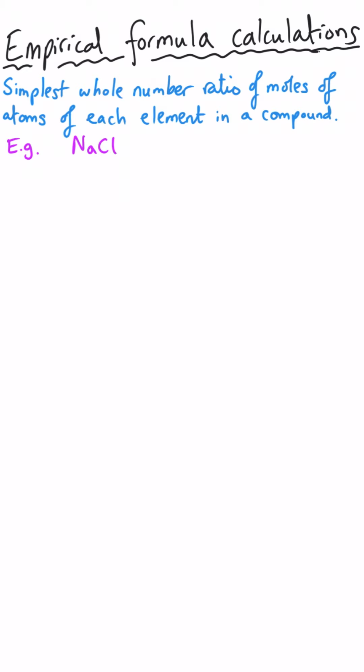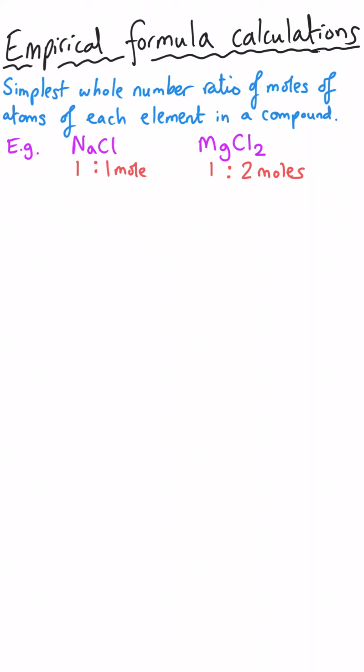That means there is 1 mole of sodium for every 1 mole of chloride. MgCl2 is magnesium chloride. That means that there is 1 mole of magnesium for every 2 moles of chloride. That is their ratio. It doesn't actually tell you how many there are. That is the simplest whole number ratio that they appear in, 1 to 1, 1 to 2, etc.